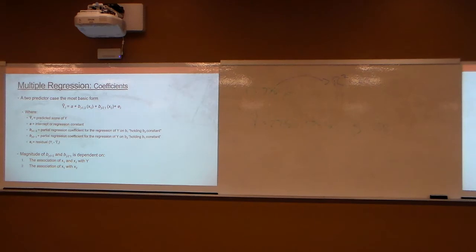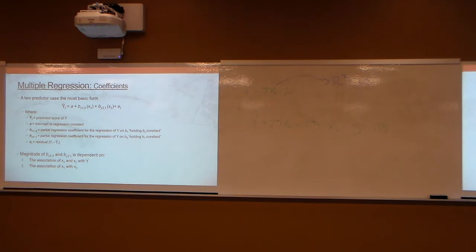A is still my intercept, my constant. But my first coefficient, B1, is now a partial coefficient of the regression of Y on X1 holding X2 constant. And B2 is the partial coefficient for the regression of Y on X2 holding X1 constant, okay?